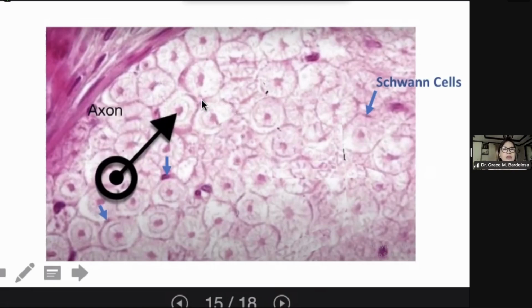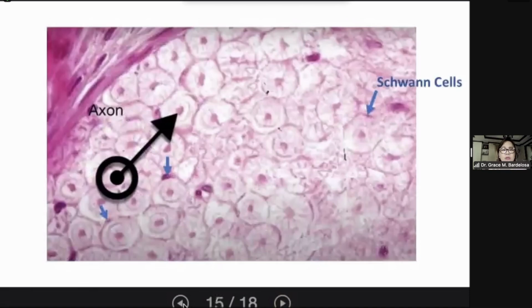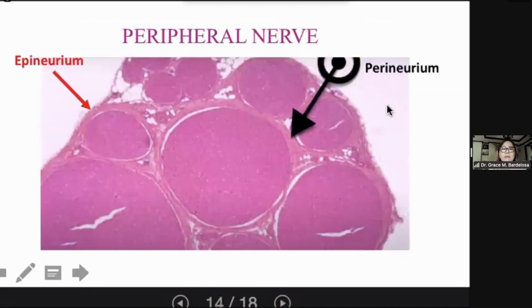Now, the covering of each axonal fiber or nerve fiber is called endoneurium. Okay, so endoneurium is loose connective tissue. What about the covering of a bundle of nerve fibers? It is called perineurium.